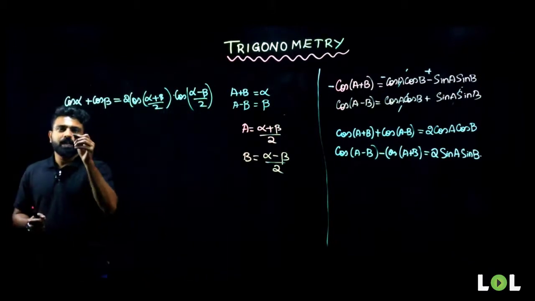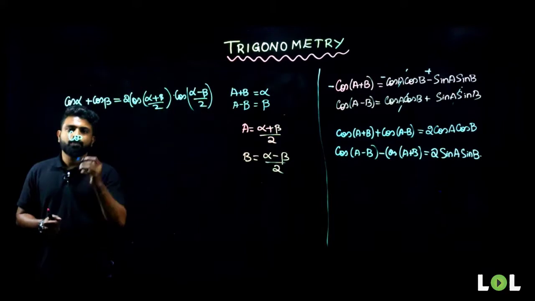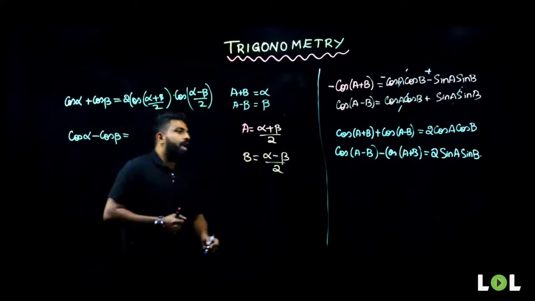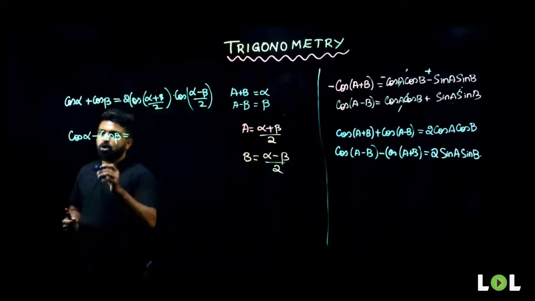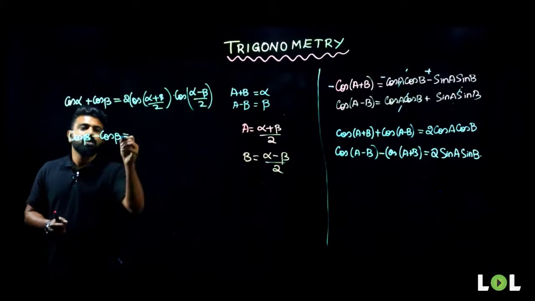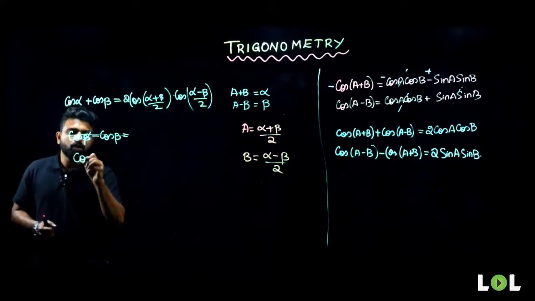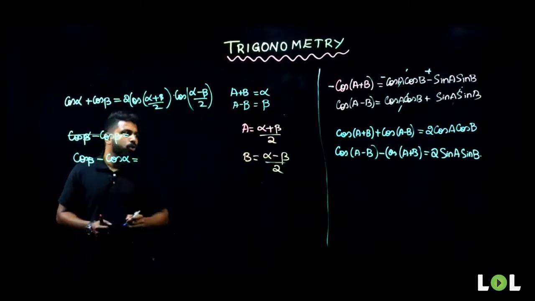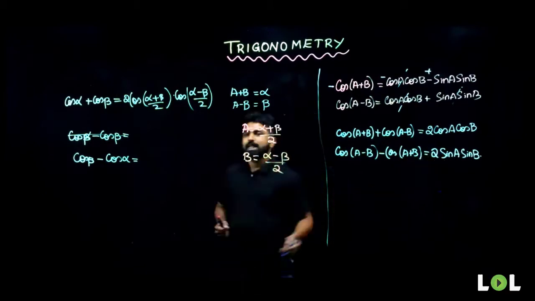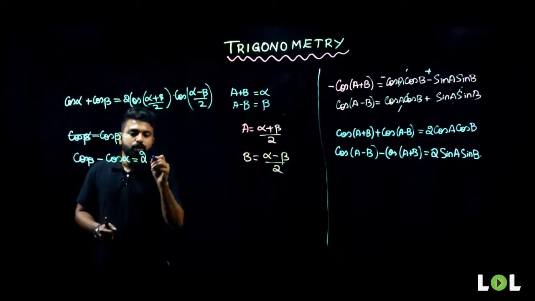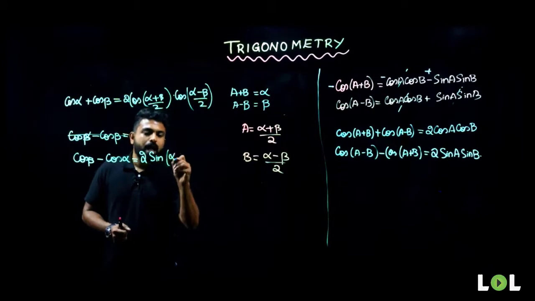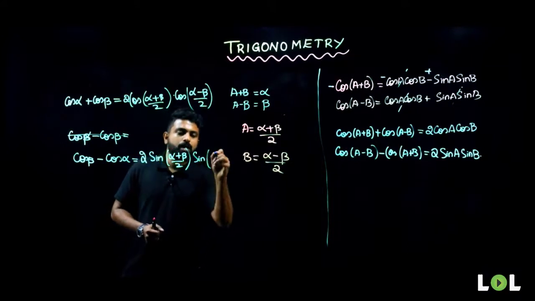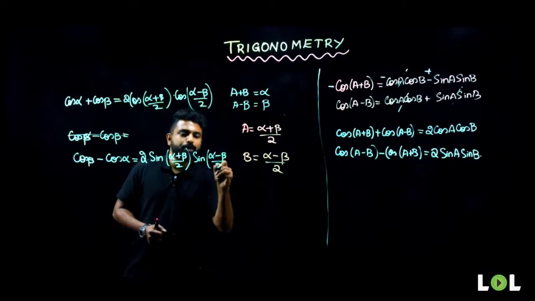Similarly, cos of a minus b minus cos of a plus b is nothing but cos of beta minus cos of alpha, and that will be equal to 2 into sin a sin b, that is nothing but 2 into sine of alpha plus beta by 2 into sine of alpha minus beta by 2.